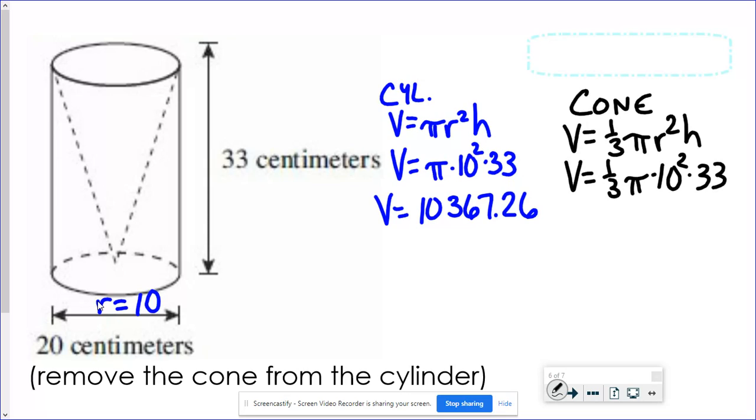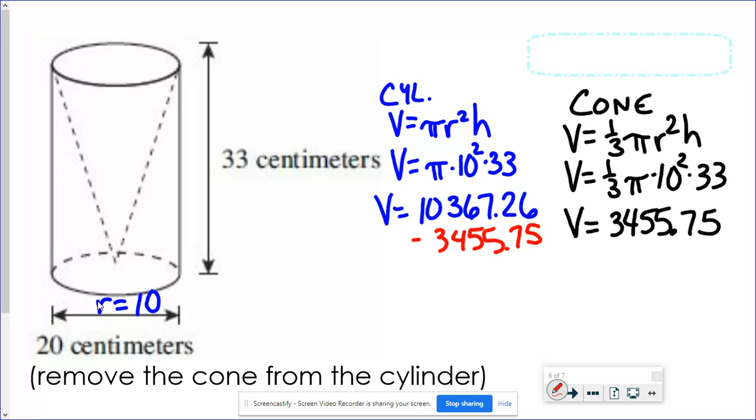So since I already have my answer in my calculator from doing the cylinder, I could just take that and divide by 3 to get my cone volume, which is going to be 3455.75. And again, because the cone is being taken out of the cylinder, that means it's a subtraction. So I'm going to take the total volume of the cylinder and I'm going to subtract that 3455.75.